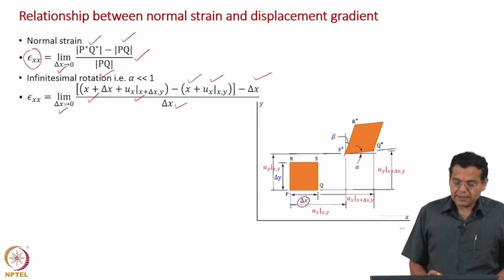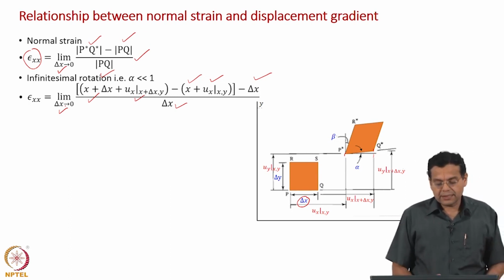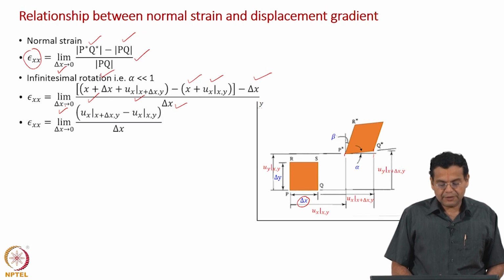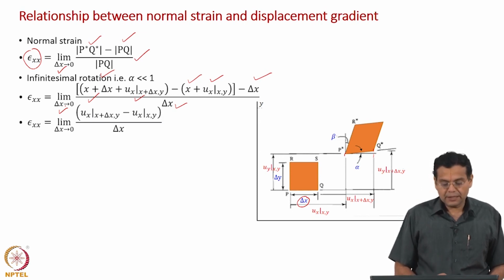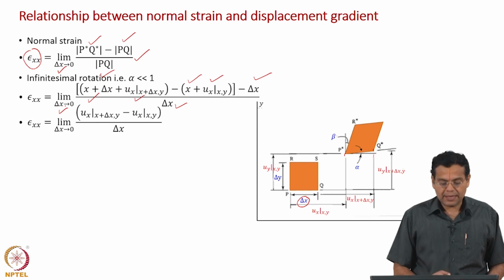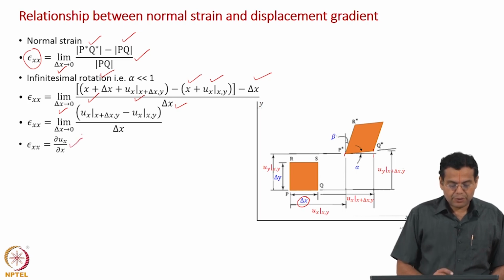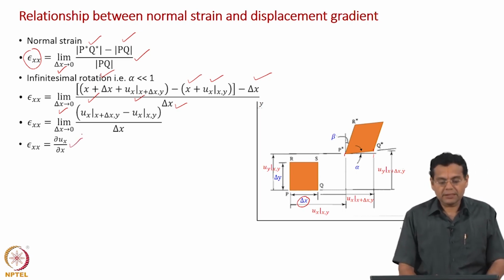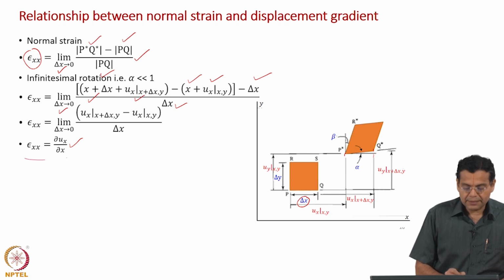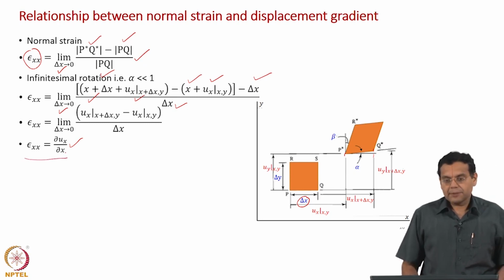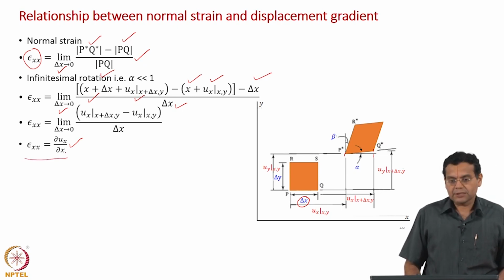Okay. x cancels out, delta x cancels out, and we are left with only these terms: ux at x plus delta x comma y minus ux at x comma y divided by delta x. When you take limit delta x tending to 0, we get dou ux by dou x. So, what we have done is related normal strain to the displacement gradient, namely dou ux by dou x.